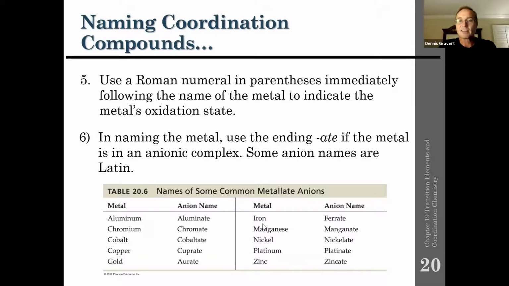But iron, it's not ironate. You have to go back and use the Latin word, ferrate. And gold would be aurate. Anywho, that shows you how often I use that word. Not often at all. But again, you don't have to memorize these. If you need them, I'll give them to you, or we won't take off any points for spelling. But if you see ferrate, that's pretty common. Just know that that's iron. And the atomic symbol for iron is Fe, so that'll be helpful.